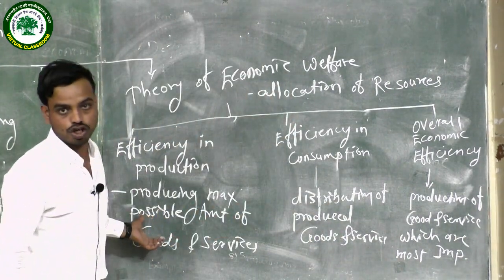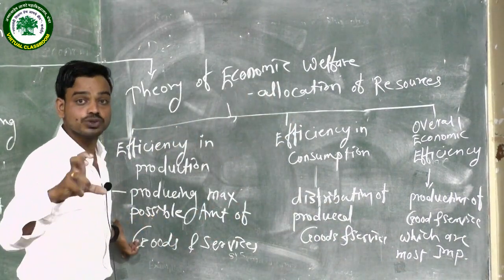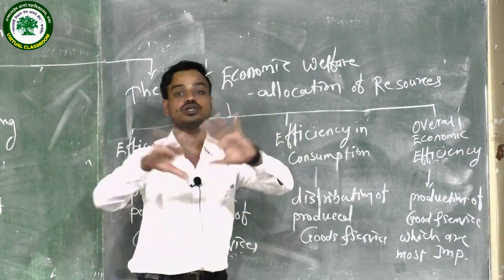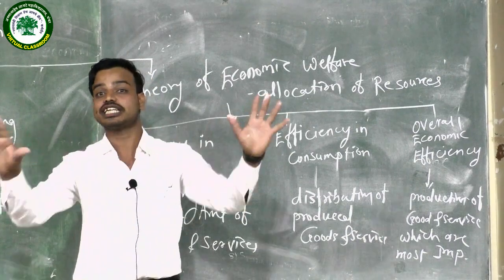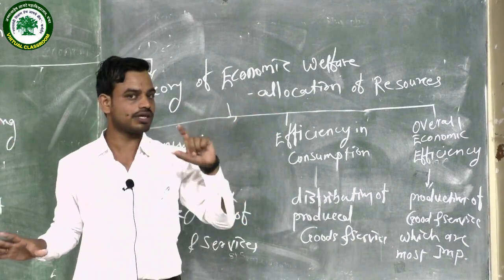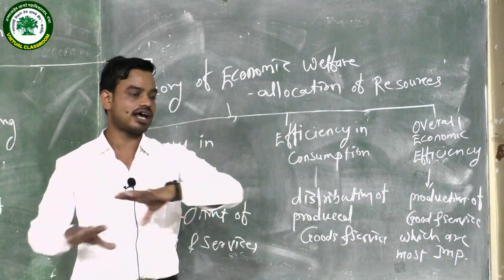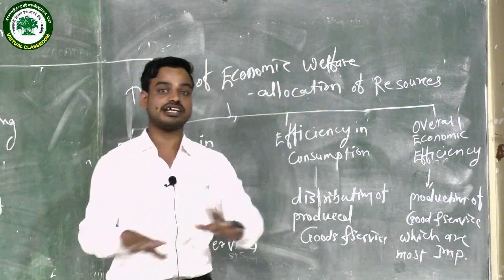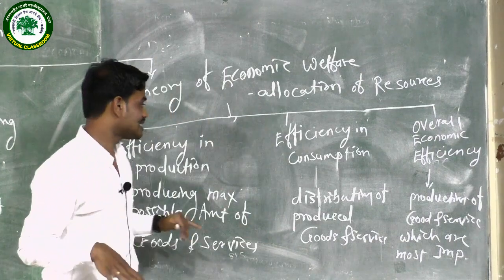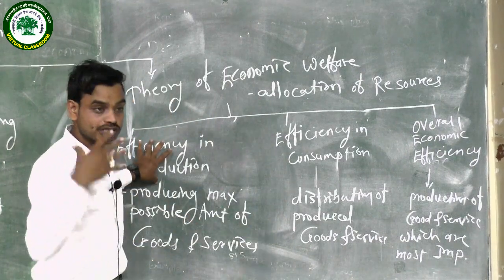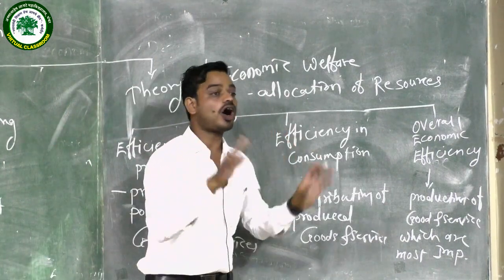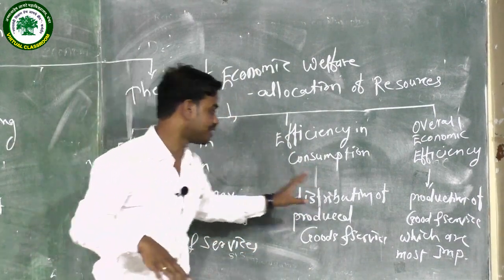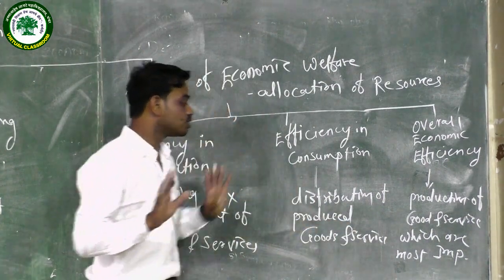First of all, in the first point, we produce some content, some goods. In the second thing, all the goods we produced are distributed to different areas. Remember one thing: in the college different types of content are required, and in the village there are different types of content. So in the first point we produce something, and in the second point all the content we produce is distributed to society.